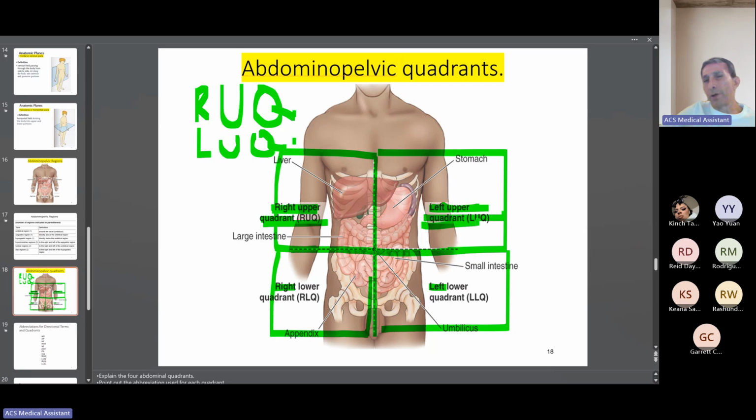Left upper quadrant. Because they're going to give you these acronyms: what does RUQ stand for? And then you look for the answer. Right upper quadrant. Left upper quadrant. Right lower quadrant. Left lower quadrant. Very simple.